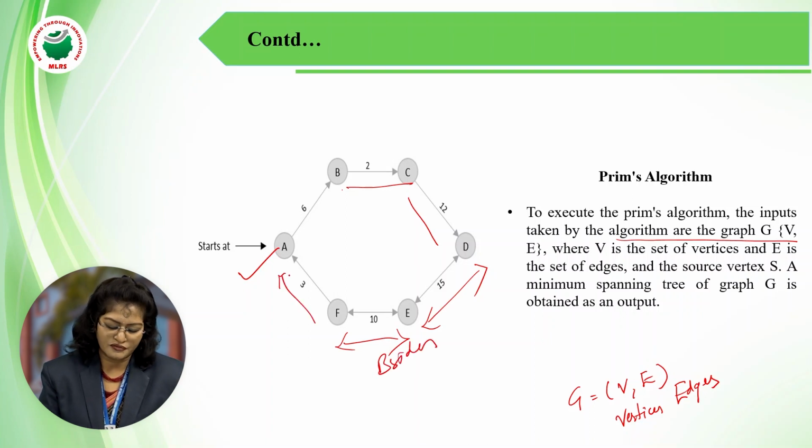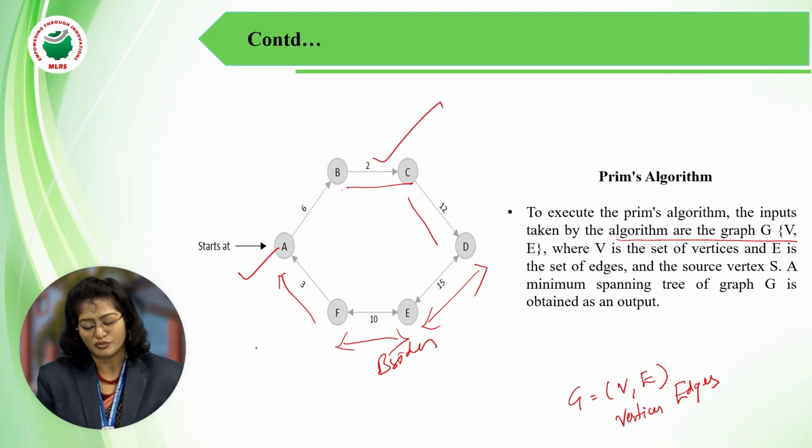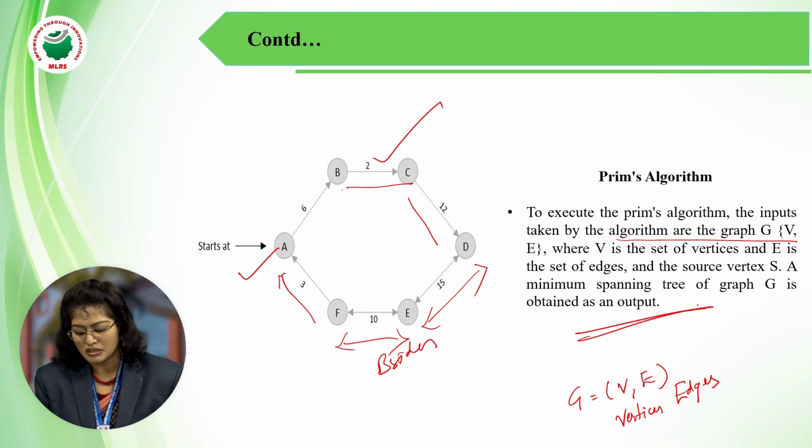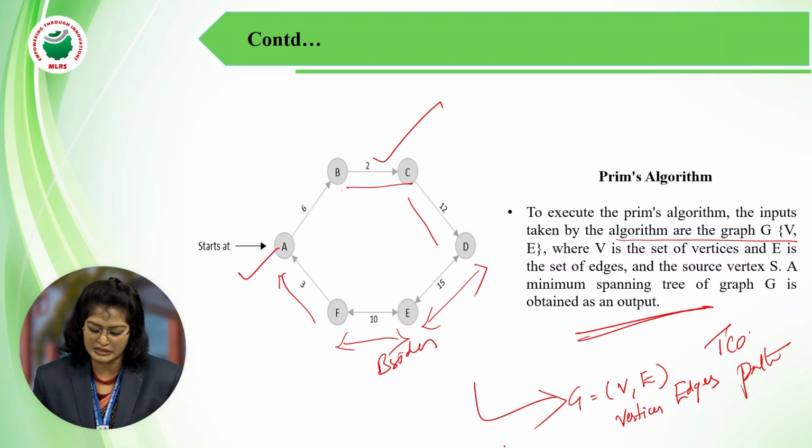So again E to F. In this, all the edges are weighted, and it has a cycle. And we have to maintain the total cost path, how much we have to check in this particular example.